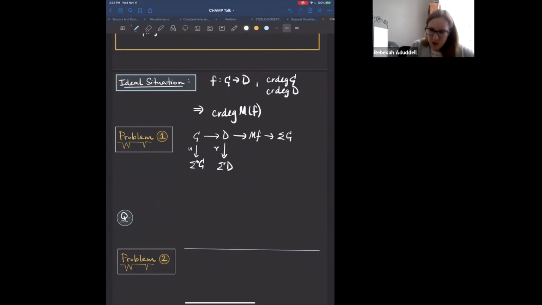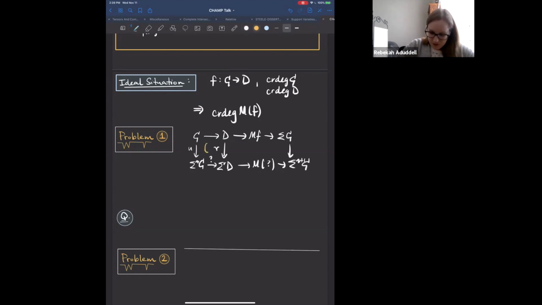The question is, they're not necessarily the same degree endomorphisms, and so we don't even know if we get a map there. That would be the question mark. That's how we would know that we get an induced endomorphism on the mapping cone, right?